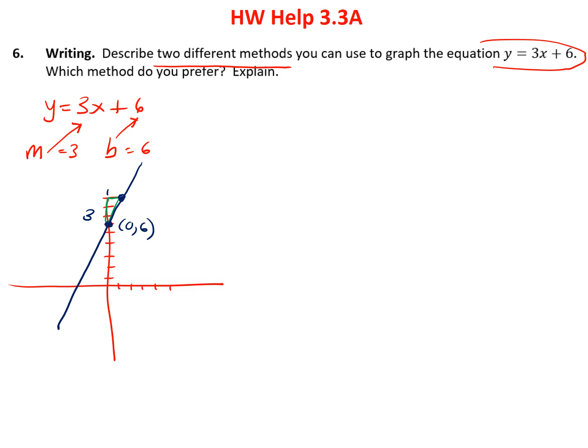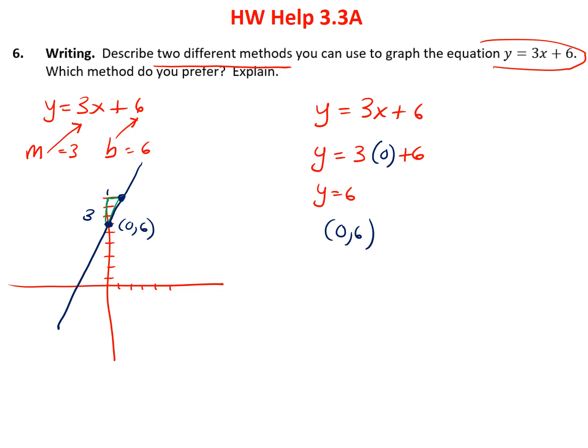Now, a second way we could do this problem is if I have y equals 3x plus 6, I could plug in some values for x and see what y I get. For example, if I let x equal 0, so I have y equals 3 times 0 plus 6, notice I get y equals 6, and so one of my points would be the point when x is 0, y is 6.